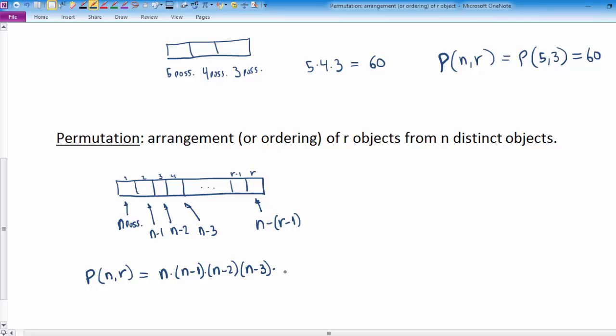And this keeps going until we reach this final number here, N minus (R minus 1). Well, this number is really N minus R plus 1 because it's negative R, negative negative 1. So let me go ahead and put that in there.